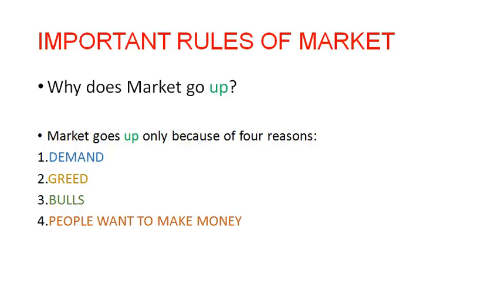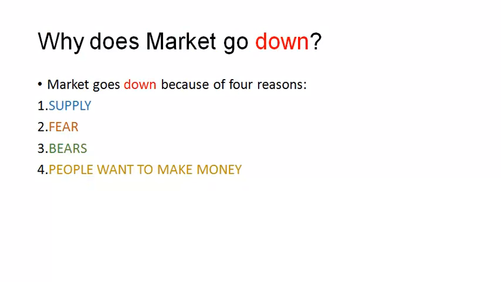The only logical driving reason why people come to the stock market is to make money, which means everything they do in the stock market is because they want to make money. So hence, if you ask me why the market goes up, the market goes up only because of four reasons and no other reason than that. And the reasons are demand, greed, bulls, and people want to make money.